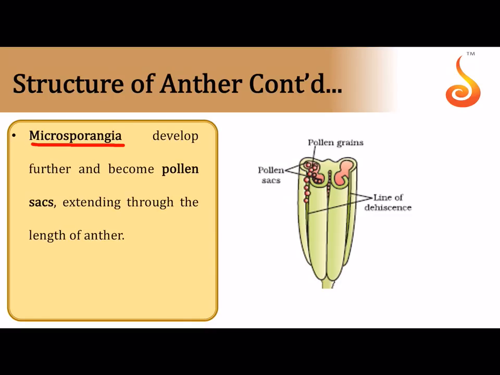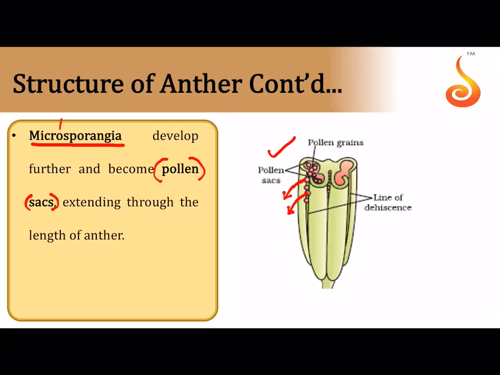What do the microsporangia become later? When the anther matures, and this diagram is apt for this, the microsporangia will become pollen sacs because they are filled with pollen grains. See how it is overflowing with pollen grains, isn't it? This is what happens to each microsporangium once the anther becomes mature.